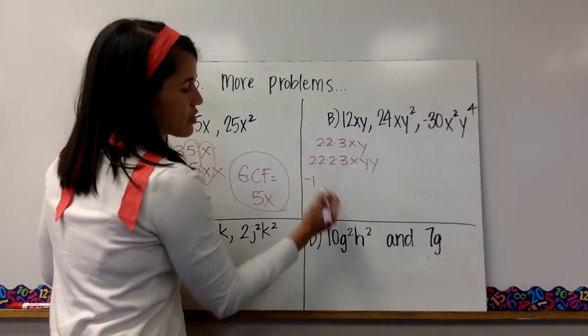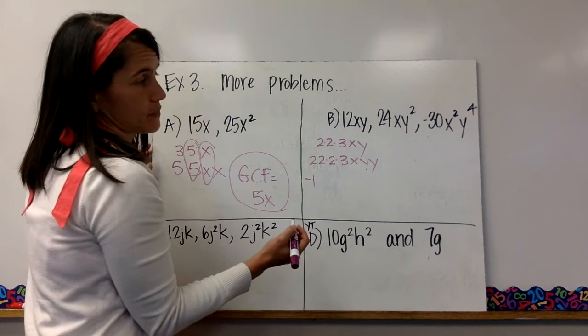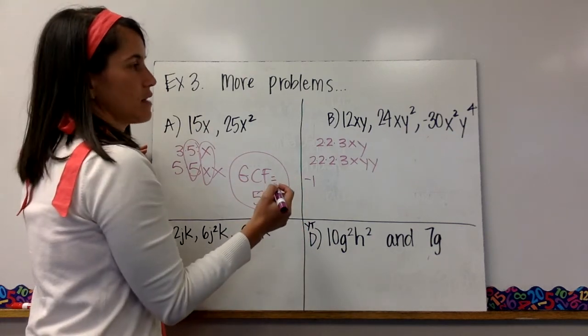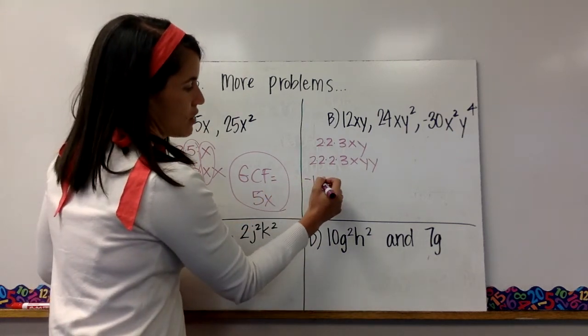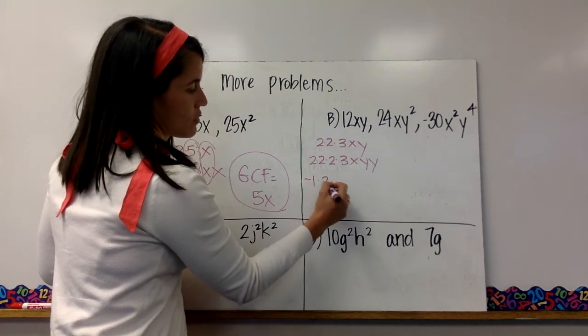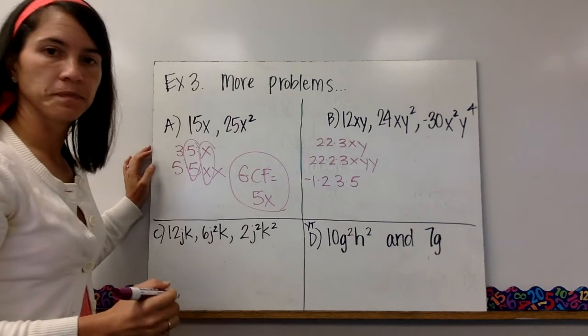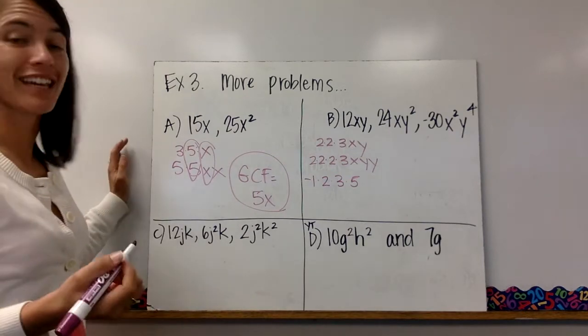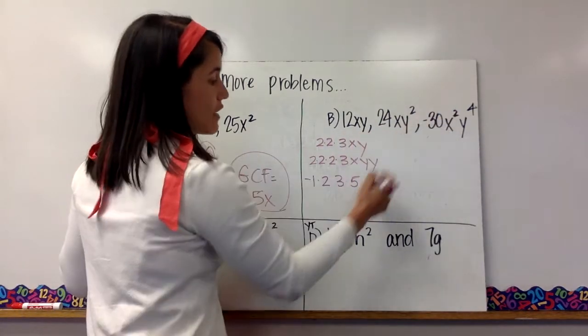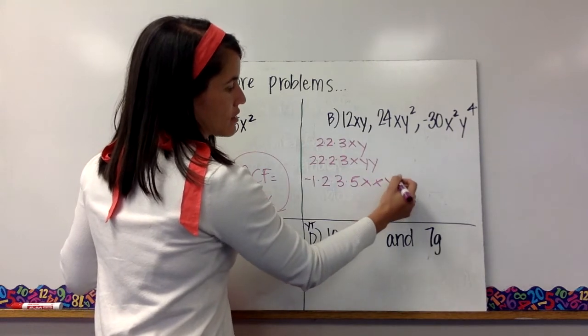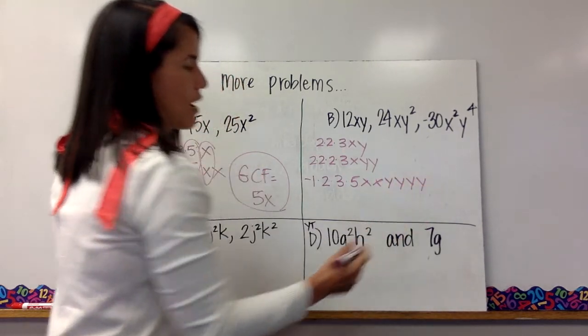And then negative 30 is going to start with negative 1 times 2 times 3 times 5. Again, the order doesn't have to be necessarily in that order. 2 x's and 4 y's.